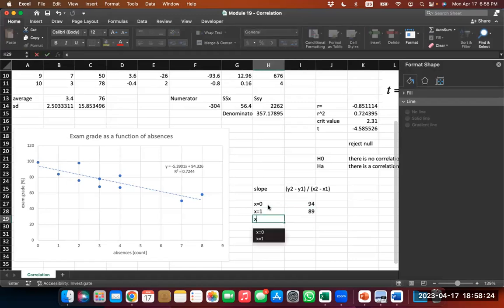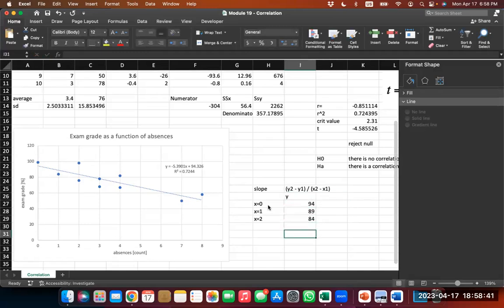Then we have x equals 2. That goes through somewhere at 84.